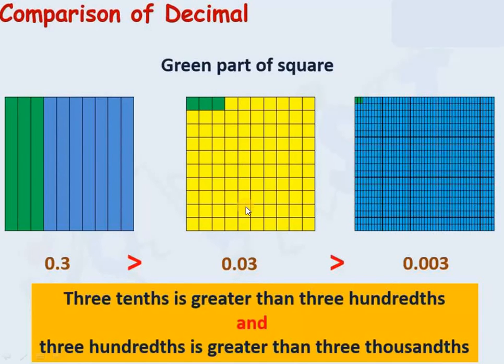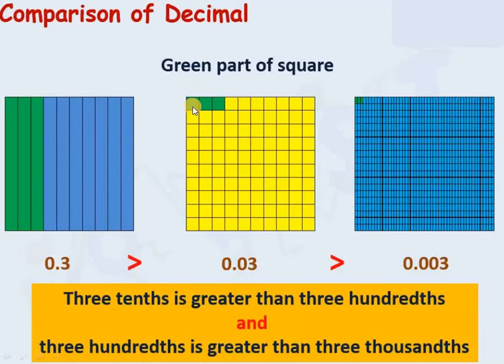Now coming to the next one, 0.03. What is the place value of 3 here? It's hundredths. So draw 100 squares. Out of those 100 squares, you are going to color only 3 parts. I am not going to count here, but you can pause the video and count whether there are 100 parts or not.